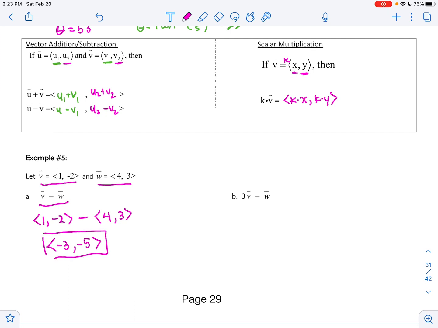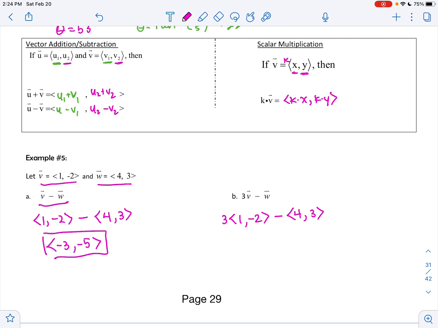Now if we do b, we notice, let's do our substitution. For problem b, you have a scalar, the 3, that's like tripling the size or the magnitude of the vector. So 3 times 1 comma negative 2, or tripling the component of each one of the horizontal component and the vertical component. 3 times v minus w, so 4 comma 3.